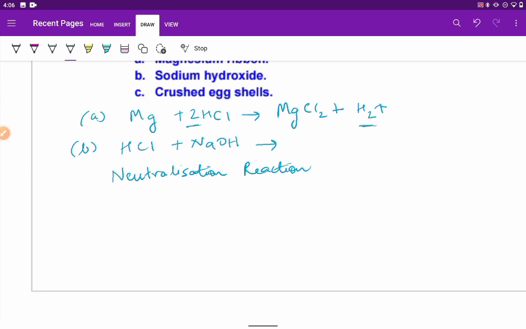From HCl the Cl and from NaOH the Na produce the salt NaCl, sodium chloride. H plus from the acid and OH minus from the base form a water molecule, H2O. So it is HCl plus NaOH gives NaCl plus H2O. This is known as a neutralization reaction.